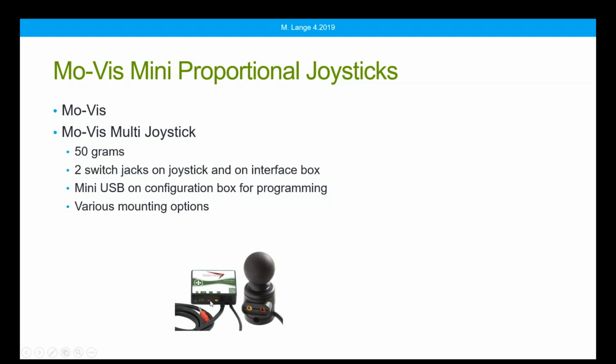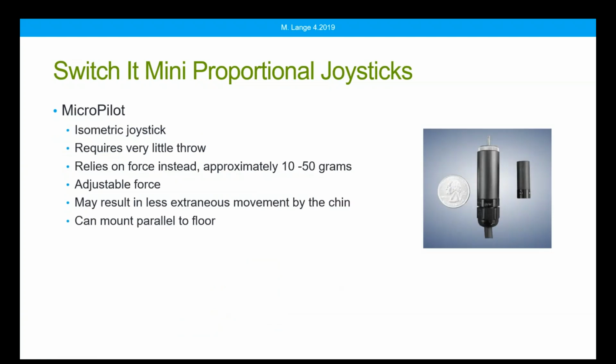One of the advantages of having these switch jacks in line on this box is that now the wires can be further away for the client. So instead of having some wires hanging out right by the chin for power and mode, even though we can connect them to this other wire here, we can have them out of the way, maybe behind the client, and that can be really helpful. There's several different mounting options as well. We'll talk about mounting here in just a few minutes.